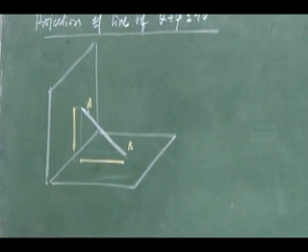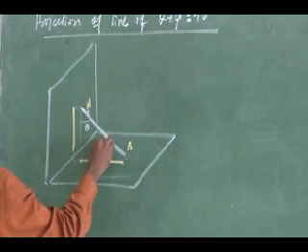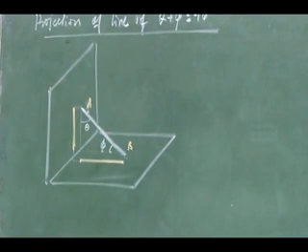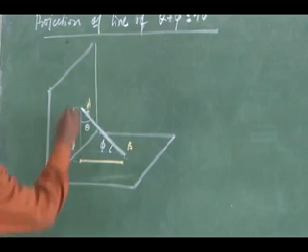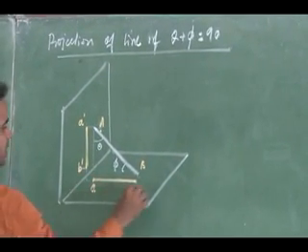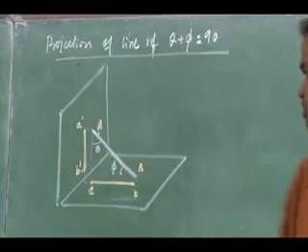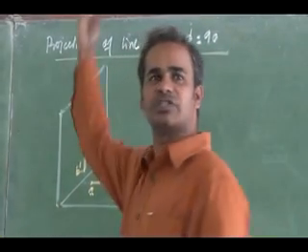You can see here this inclination, this is theta, this is phi. If we add them, theta plus phi, it will be 90 degrees. So this is my projection, A dash in the front view, this is B dash, this will be my A, this will be my B. Both the projections will fall on a single projector line.